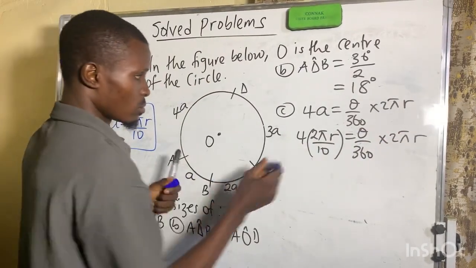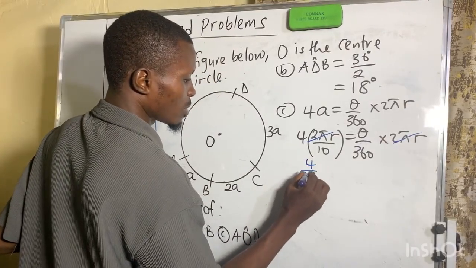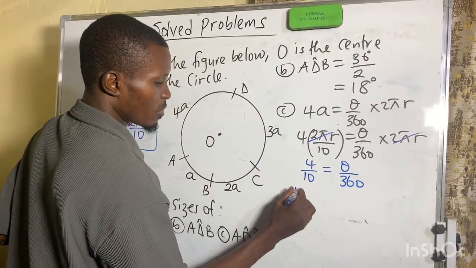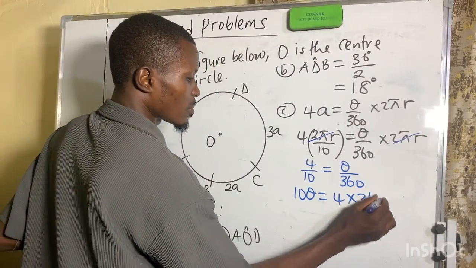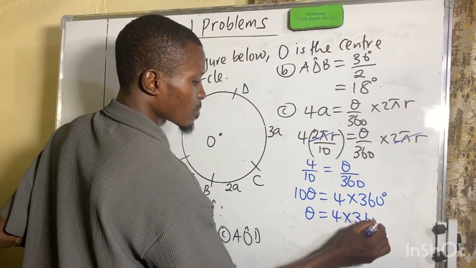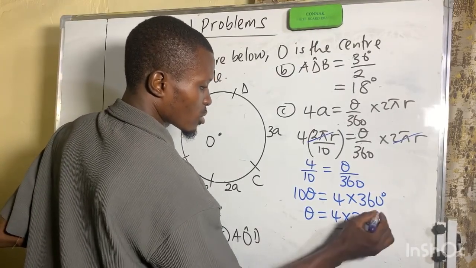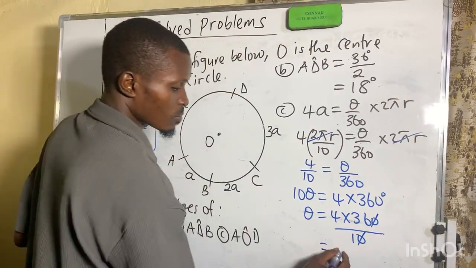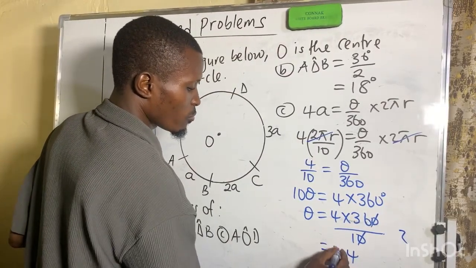All right. 2 pi r goes with 2 pi r. You have 4 over 10 equals what? Theta over 360. When cross multiply, you have 10 theta equals 4 times 360. So my theta is what now? 4 times 360 over what? 10, which is what? This cancel out this. So 4 times 36 give us what? 4 times 6, 24. 4 carry 2. 4 times 3, 12 plus 2, 14.